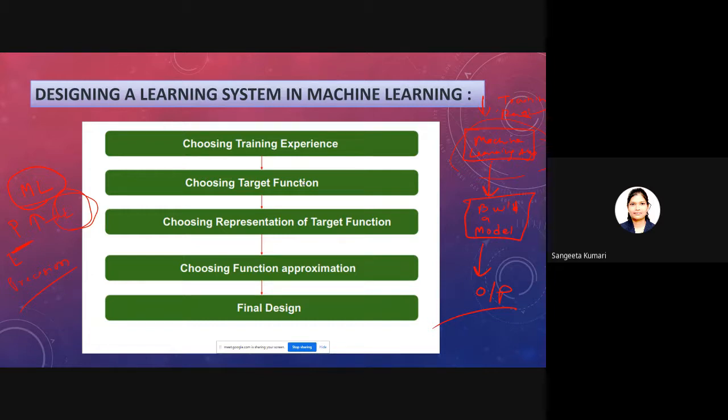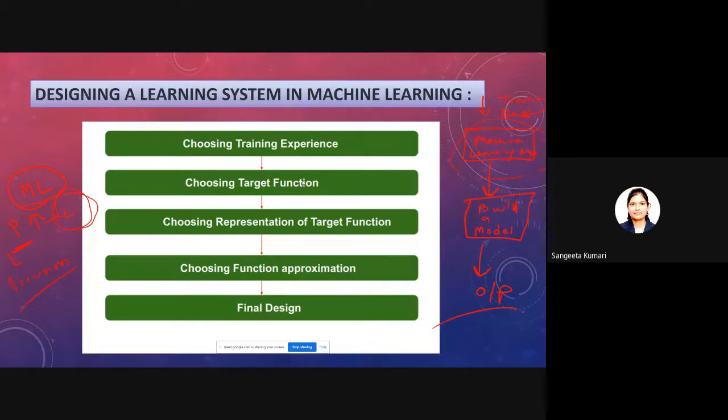In some cases, tabular form is also applicable. So it depends what type of target function representation you are using. Are you going to use a mathematical equation, any type of equations, or are you going to use graph representation, right?